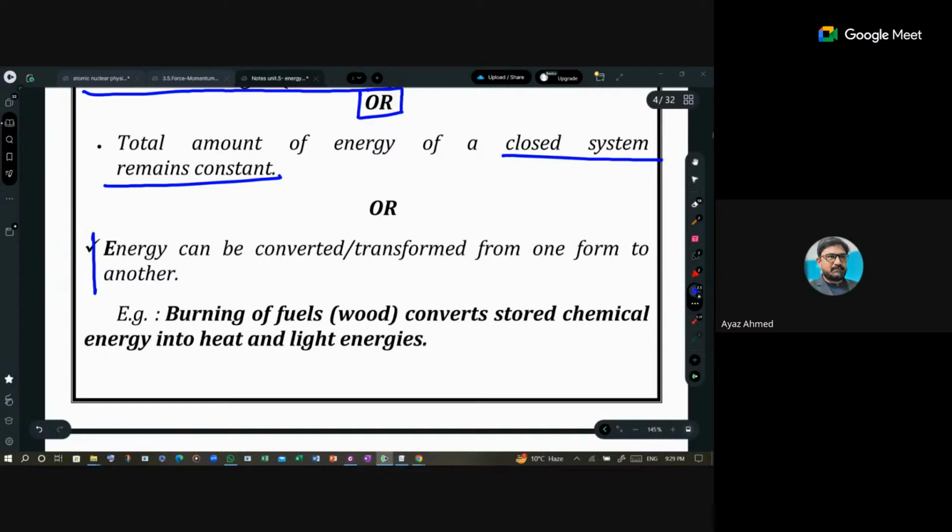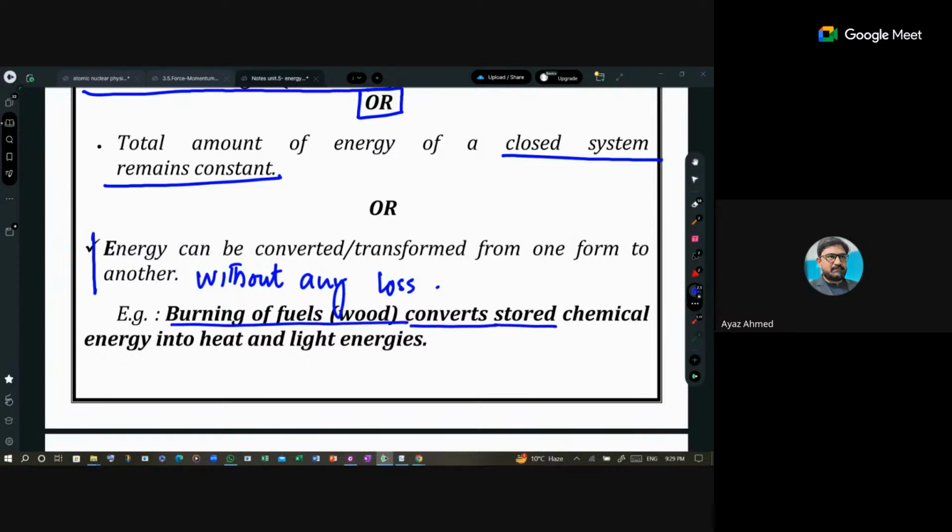Without any loss. So this means that when, for example, we burn wood or fuel, we convert the stored chemical energy into heat, light and different forms. Is it clear?